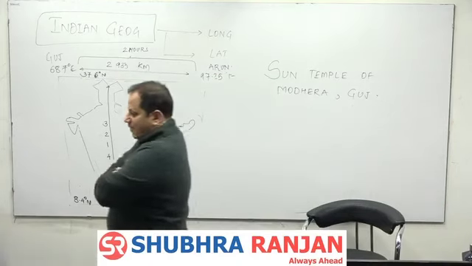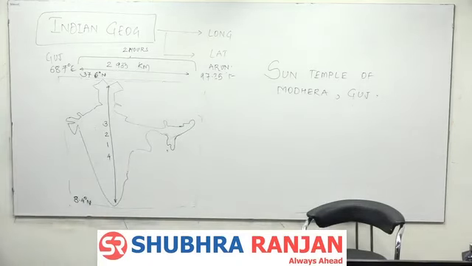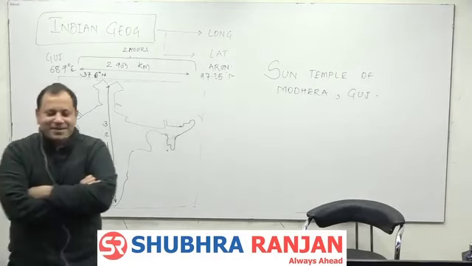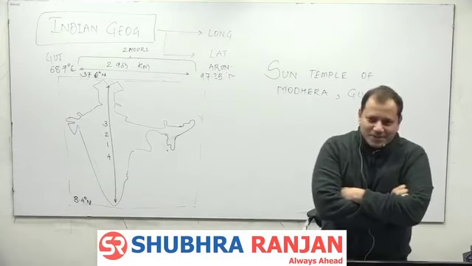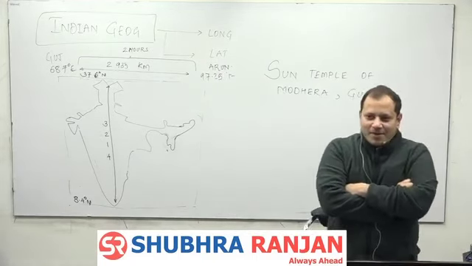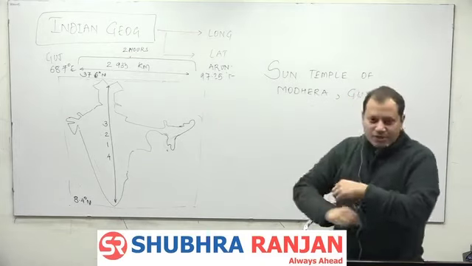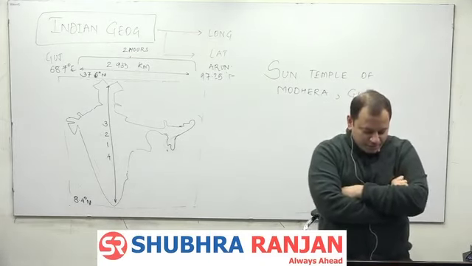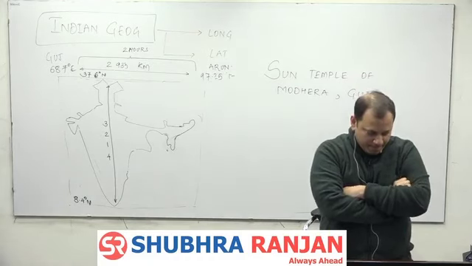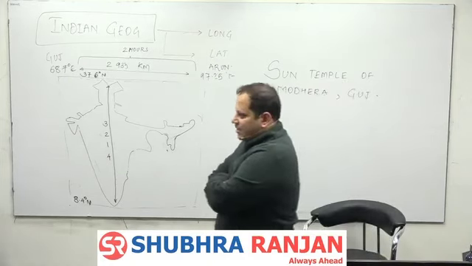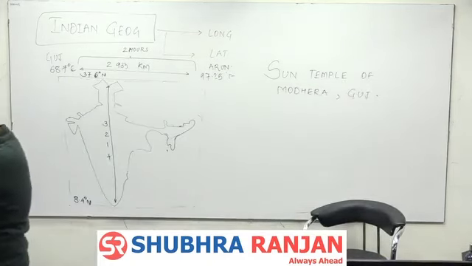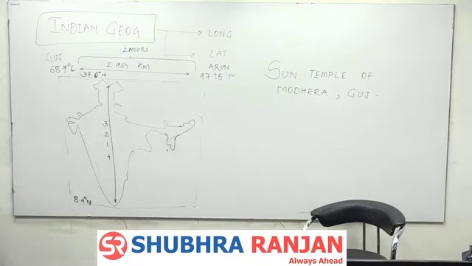The famous Sun Temple of Gujarat at Modhera. How many Sun Temples are there in India? Last year's question: how many Sun Temples are there in India? So there are 5 Sun Temples in India. Out of that, the Sun Temple of Modhera, Gujarat has the distinction of the Tropic of Cancer exactly over it. That is why it is a Sun Temple.